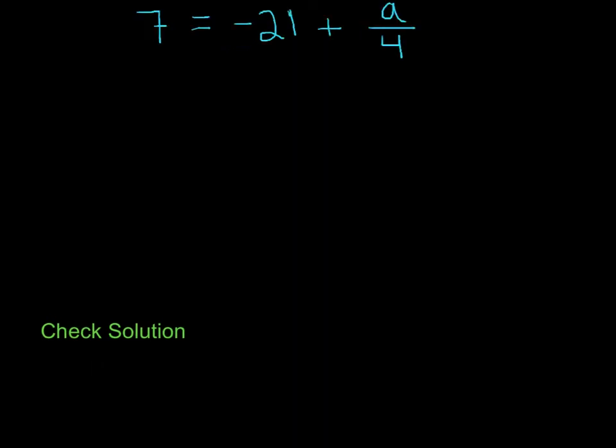For this example, I want you to write the equation down and pause the video and see if you can solve it on your own. The one tricky part about this one is we have addition, and so the opposite of addition is subtraction, but since we have a negative 21, how do you undo a negative 21?